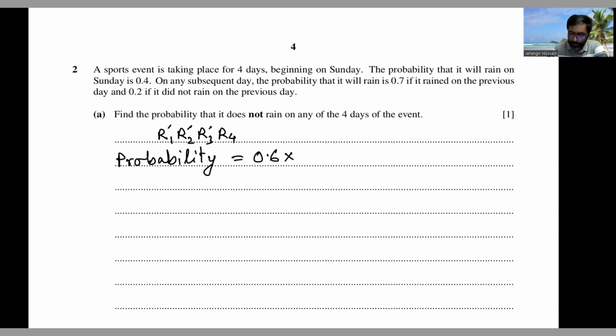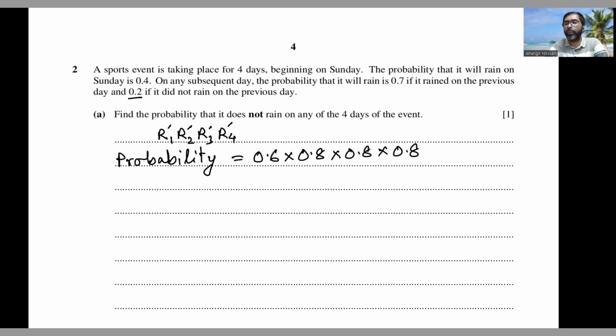On the next day, since it did not rain on Sunday, the probability of rain on Monday is 0.2, so the probability of not raining is 0.8. Then the probability of not raining on the next day is the same, 0.8, because it did not rain on Monday. And 0.8 as well.